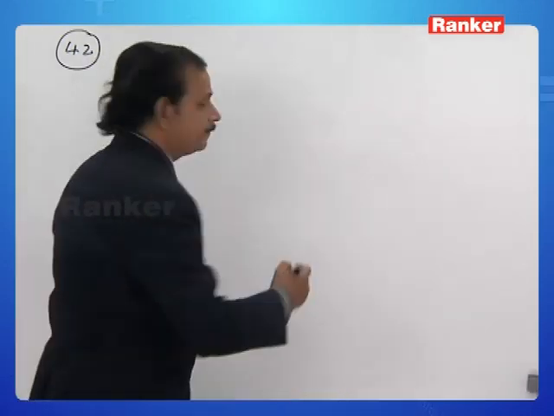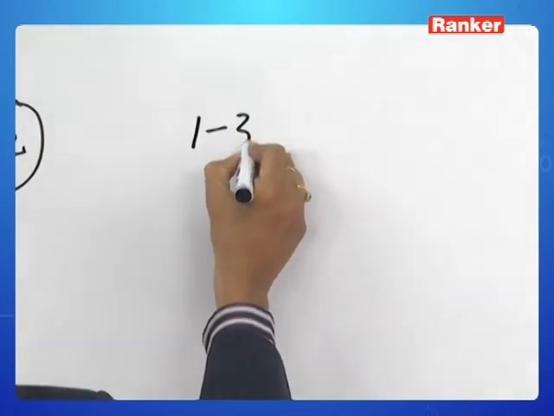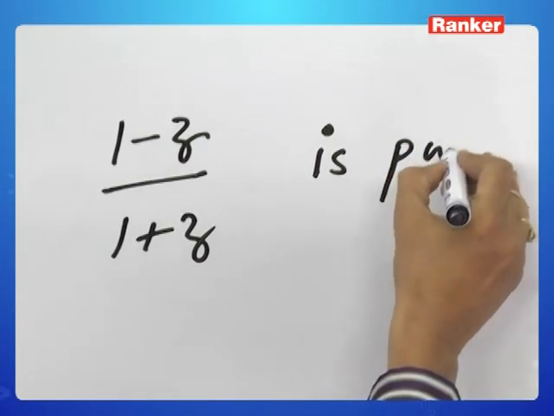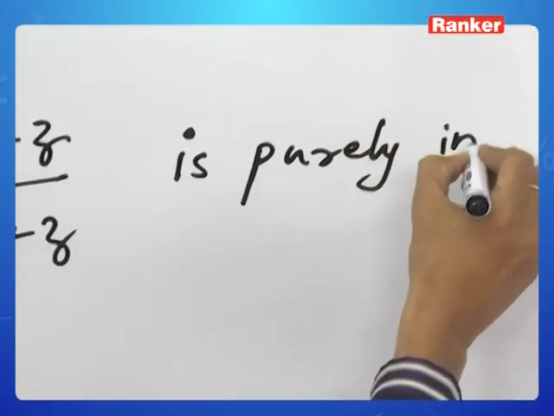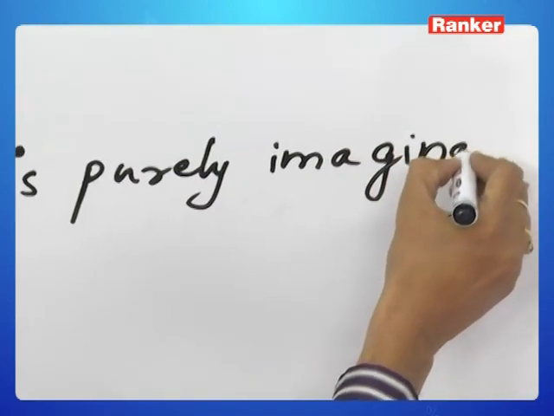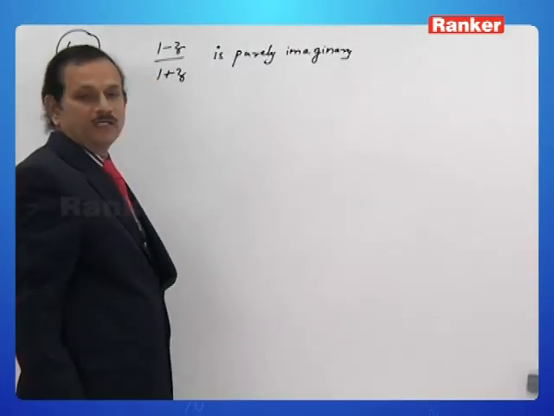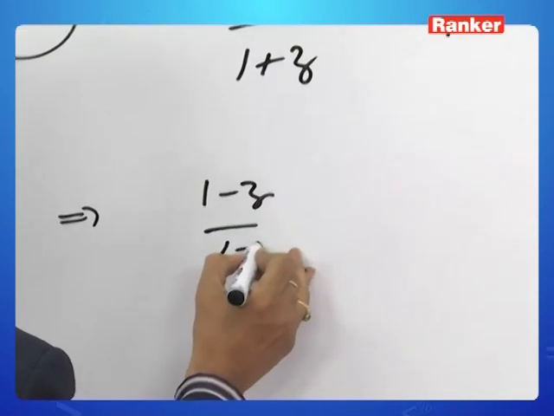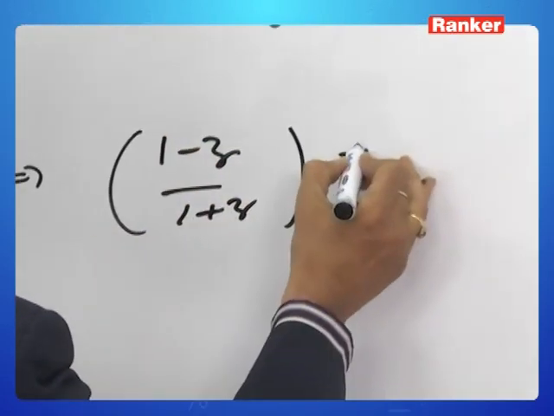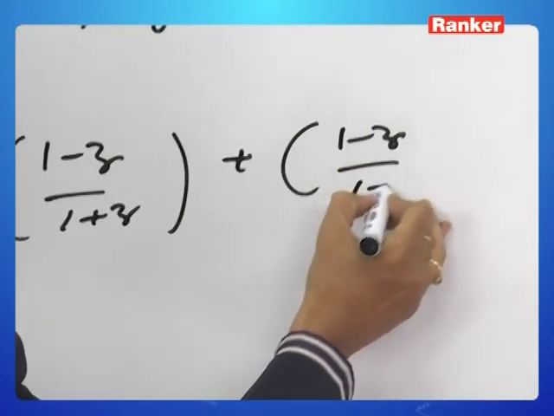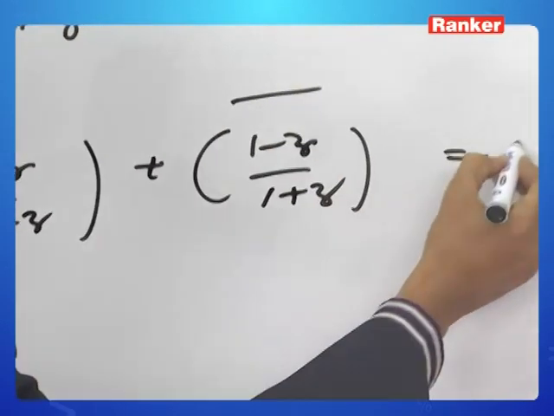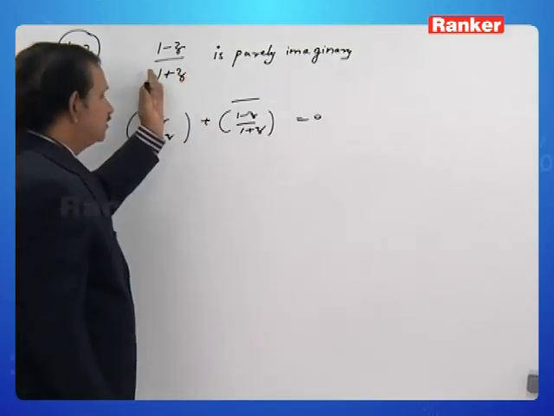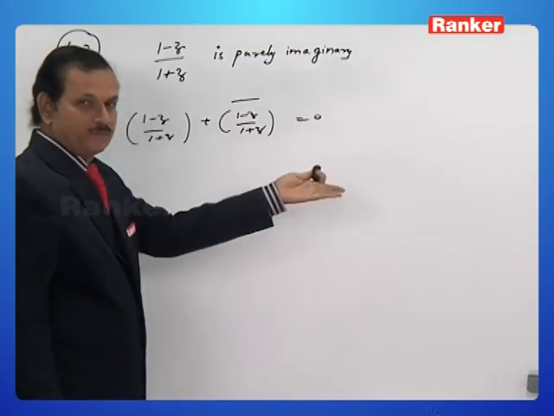What is the data here? (1 minus Z) by (1 plus Z) is purely imaginary, what should happen? (1 minus Z) by (1 plus Z) plus its conjugate must be 0. As it is purely imaginary, the sum of this number and its conjugate should be 0.